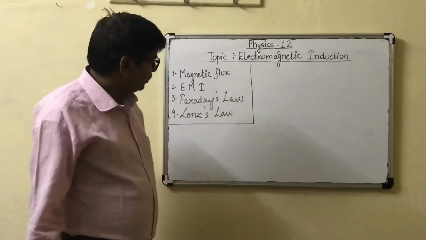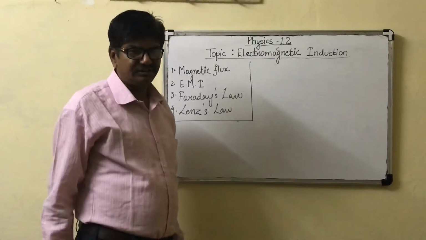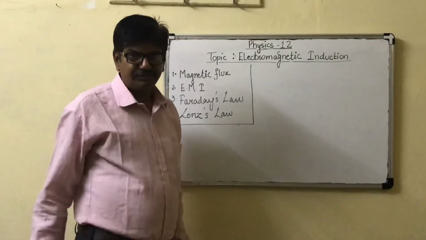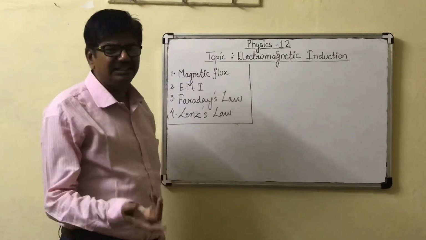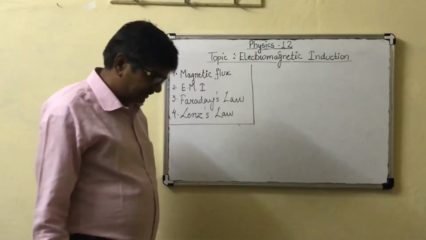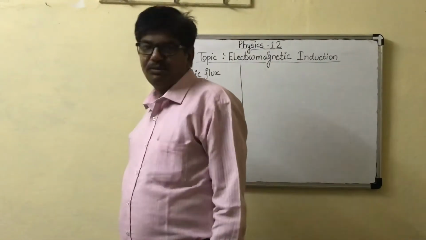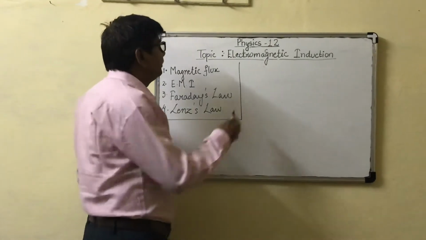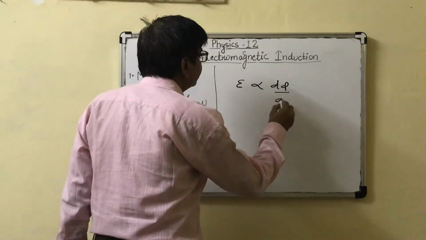First law: whenever the magnetic flux linked with a closed coil changes, induced current and induced EMF are set up in it, which last so long as the flux is changing. Second law: the magnitude of induced EMF is directly proportional to the rate of change of magnetic flux.